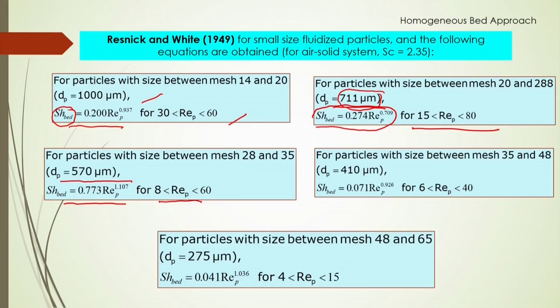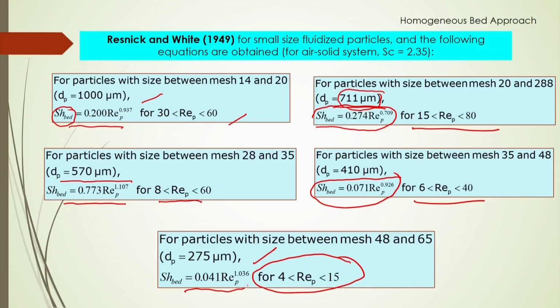And for a Reynolds number of 6 to 40 and a particle diameter of 410 micrometers, the Sherwood number is to be calculated in this way, from which the mass transfer coefficient can be calculated. Similarly, for very small particles, here 275 micrometer particles, and if the Reynolds number is very low, that means 4 to 15, then the Sherwood number is to be calculated from this equation.